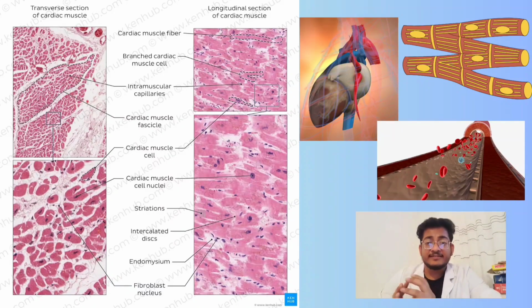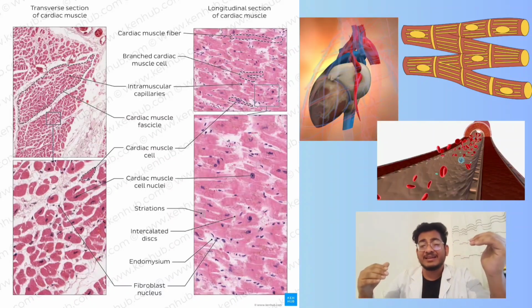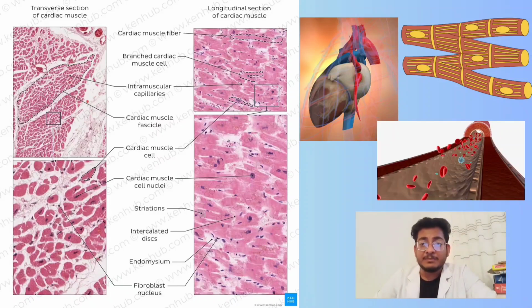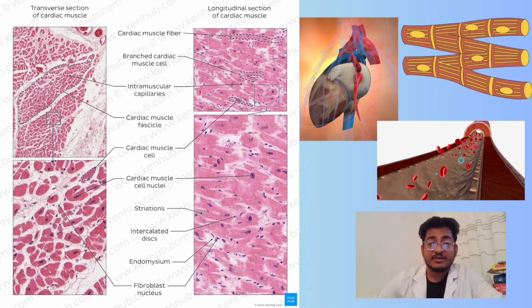The nucleus is centrally located, compared to those seen peripherally in skeletal myocytes, with myofibrils passing on either side, leaving a clear zone of perinuclear sarcoplasm around the nucleus.